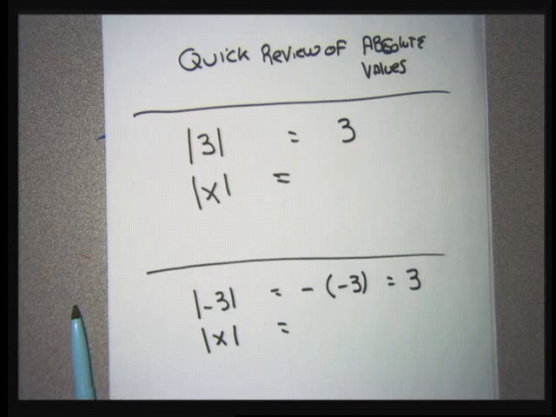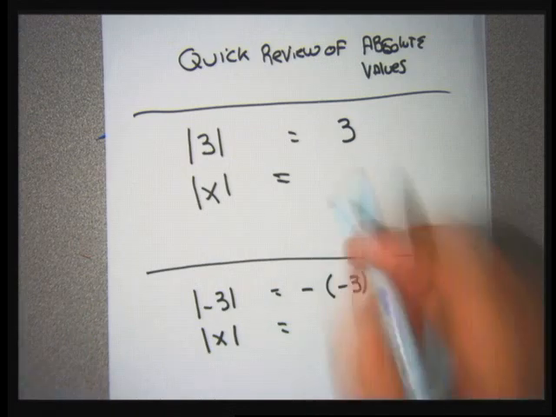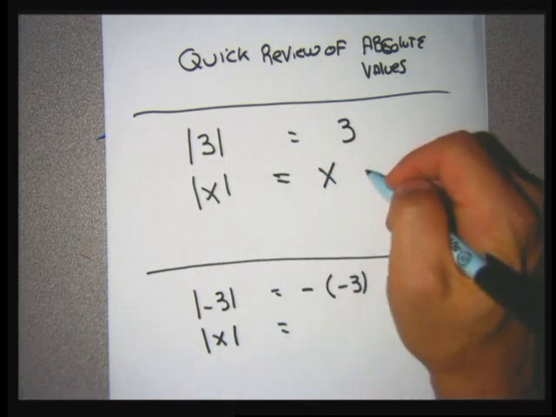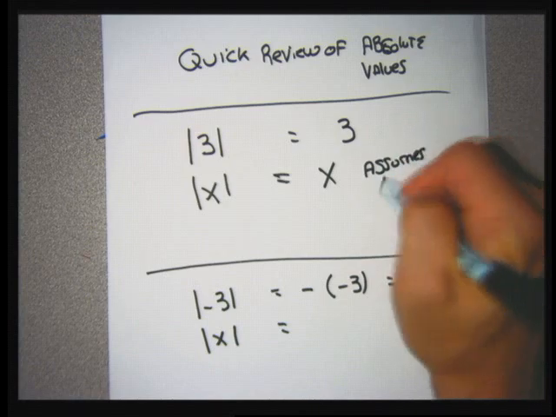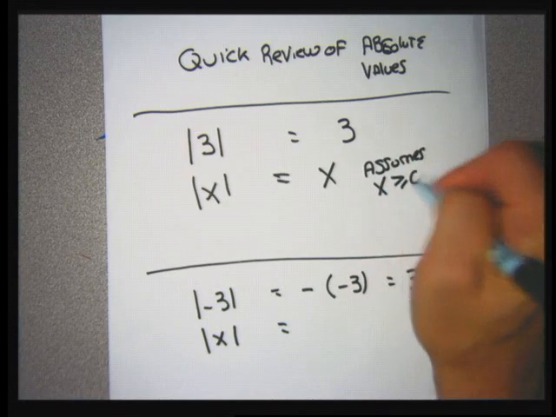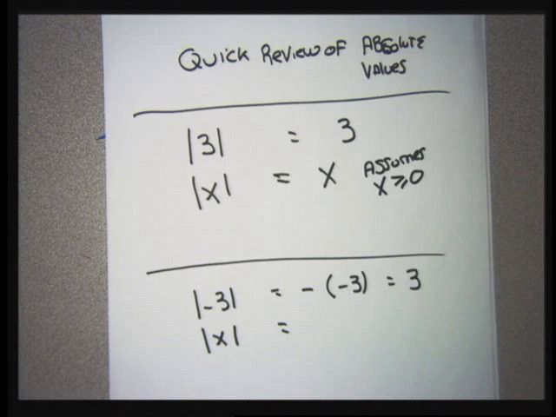So for the absolute value of x to equal x, this assumes that x is representing some number that's bigger than or equal to 0. So if I know for sure that x is standing for a number like 3 or 7 or 1700, I can just drop the absolute value of x and say that it's x.